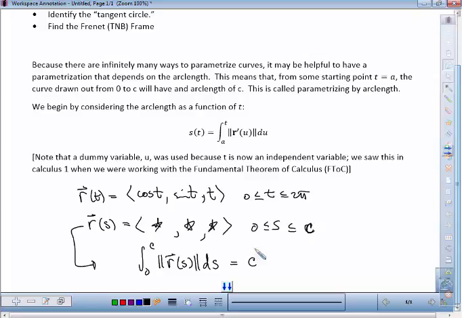But the idea here is that you're making the parameter t be dependent on the arc length, or the arc length is dependent on the parameter t. I guess I should say it that way.